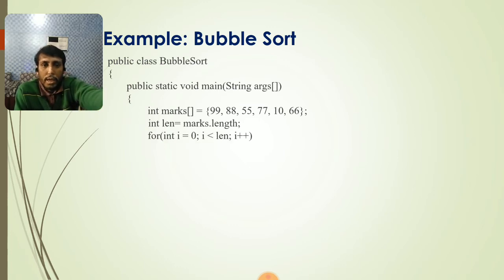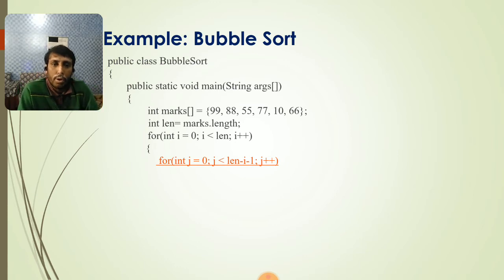So one variable should be declared, then a loop, that is the outer loop. The outer loop is running from 0 till length. So each and every element of the array will be counted in this outer loop, and then the inner loop will come.